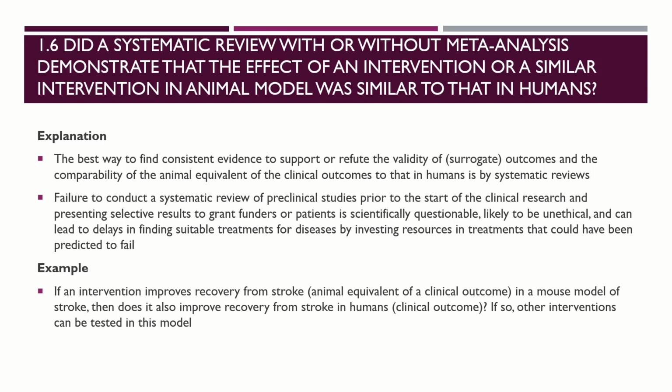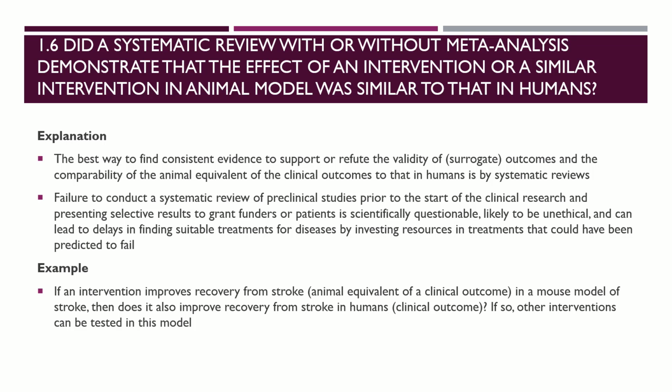Now, we want to know whether a systematic review, and that may or may not include meta-analysis, demonstrates that the effect of an intervention, or a similar intervention in an animal model, that's okay, was similar to that in humans.